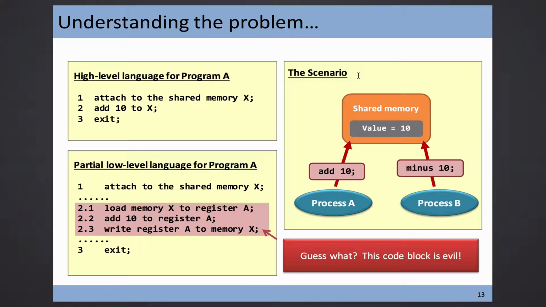For these three steps, there is no way, or I should say there are ways, but they are not easily implemented. In the simplest form, there are three different steps. The best thing is we want these three steps to execute in a row. Don't interrupt them. Once I start 2.1, I hope that 2.2 and 2.3 will execute continuously without any interruption.